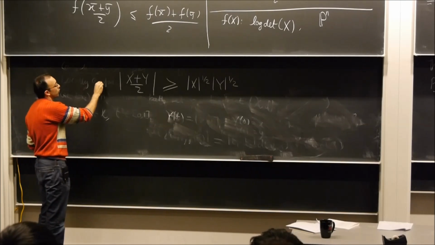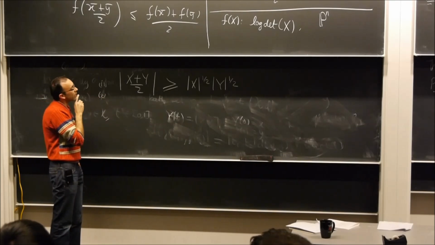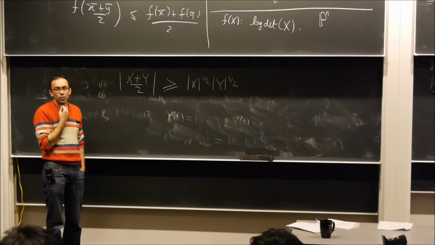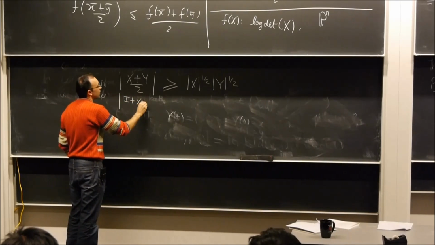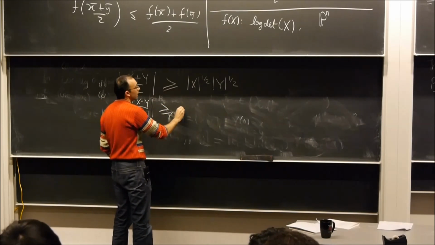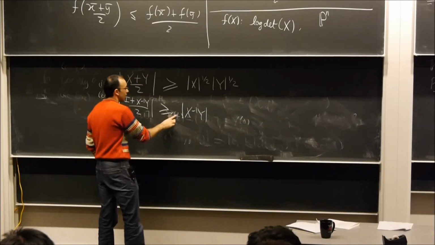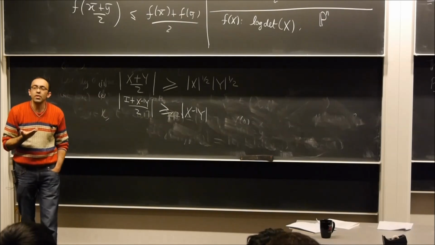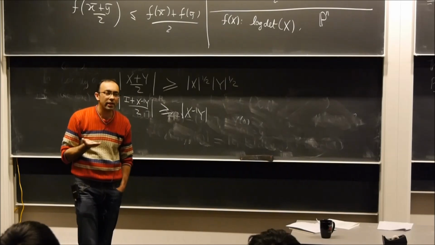There are several proofs possible from here. One proof that I like here is, now divide both sides by determinant of x. What do you get? Determinant of identity plus x inverse y by 2 is bigger than determinant of x inverse y. Okay, now what is the determinant? Determinant is just the product of eigenvalues, right?